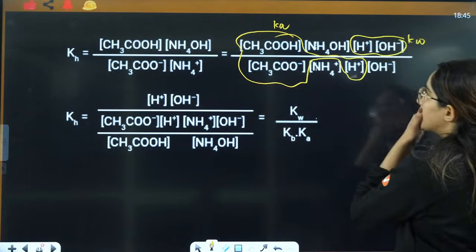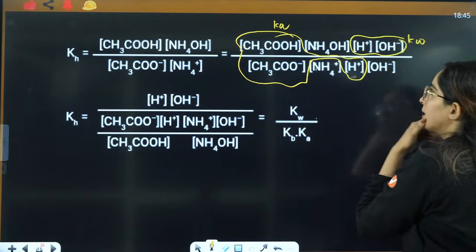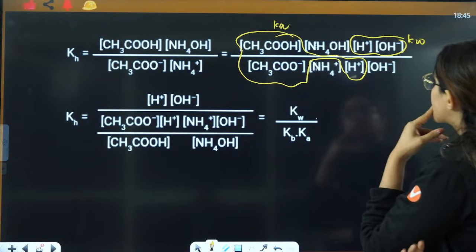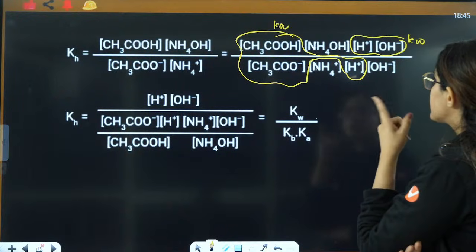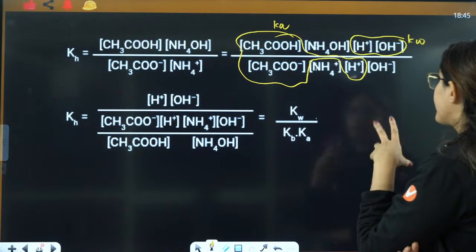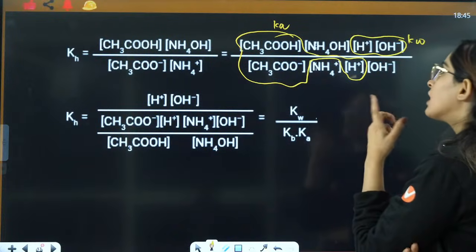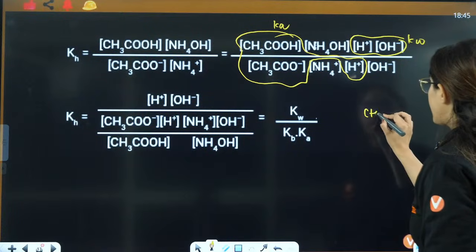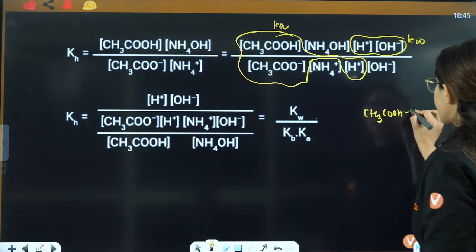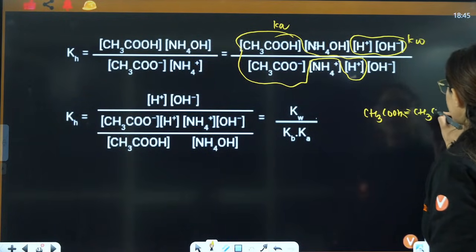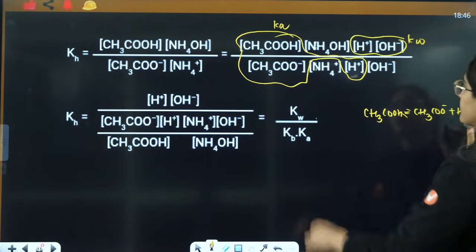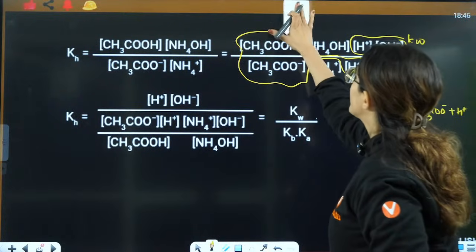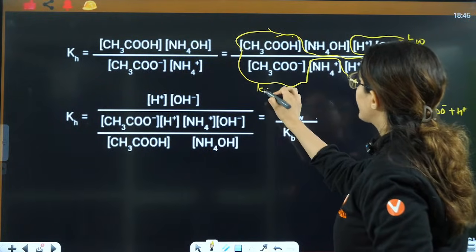If you put it here, this will become CH3COO negative H positive divided by this, product by reactant. Yes, that is right. If you see CH3COOH, it is dissociated. This will become CH3COO negative plus H positive. These are product divided by reactant, so this will become Ka. So that means it will be divided by Ka.